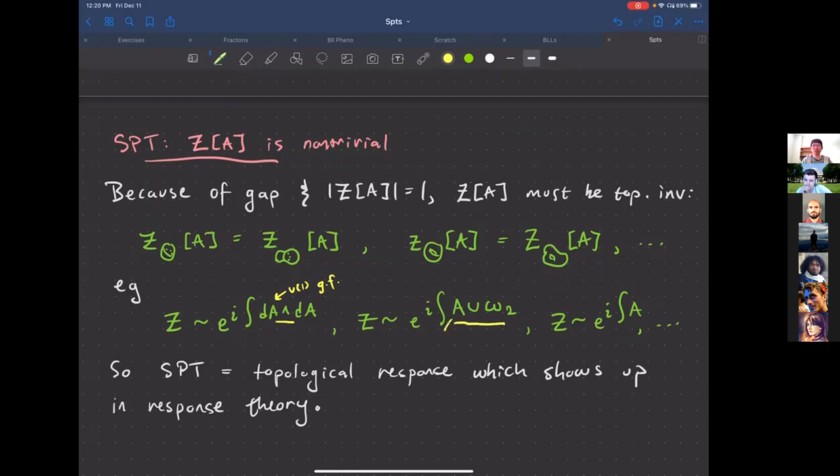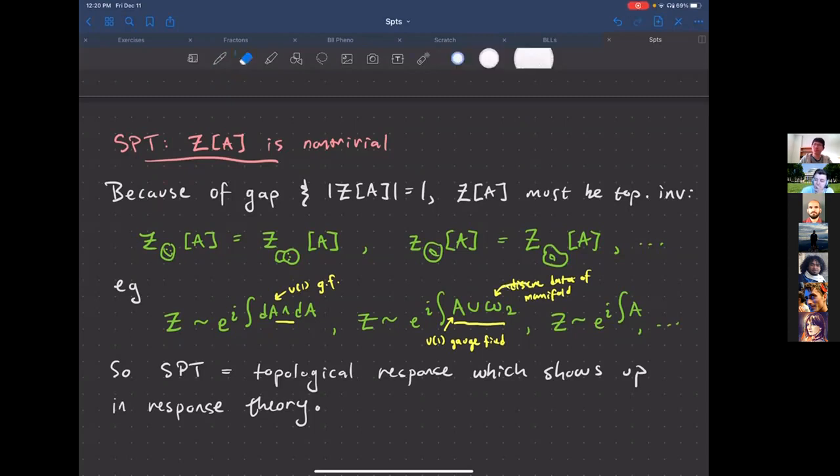Here A would be, for example, some U1 gauge field. And then there might also be some other data, I'm not going to explain what this is, but this could be some discrete data of the manifold. So maybe, in addition to U1 symmetry, there's some other discrete symmetry, time reversal or something like this. And then other kinds of topological invariants can enter.